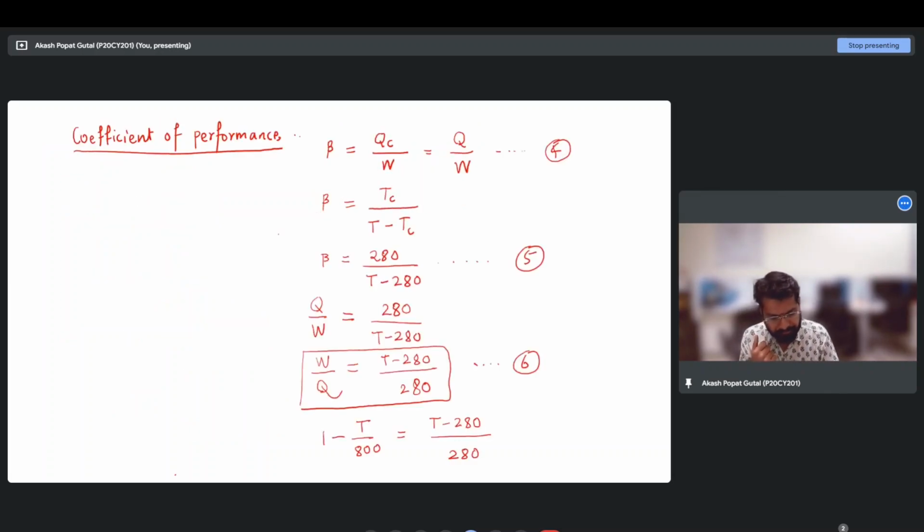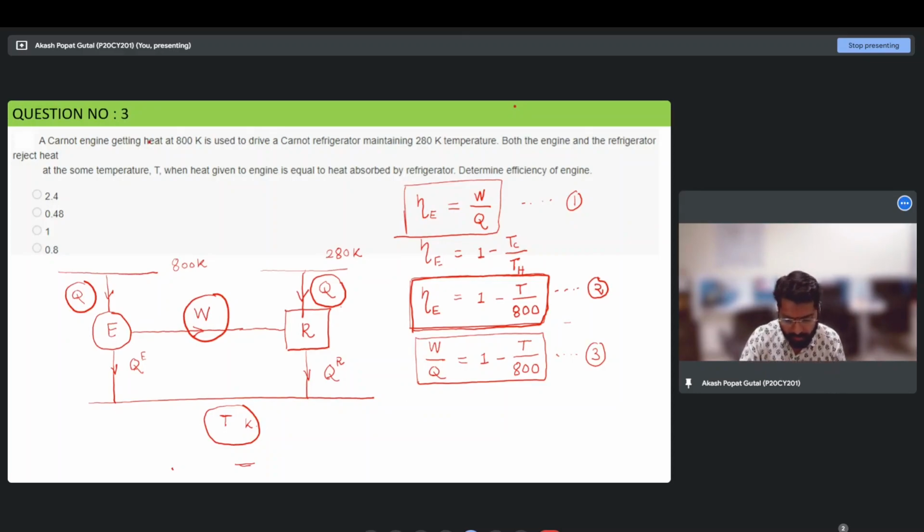So logically, if this engine has a heat bath at 800 Kelvin, it will reject heat to a system having a lower temperature than this heat bath.